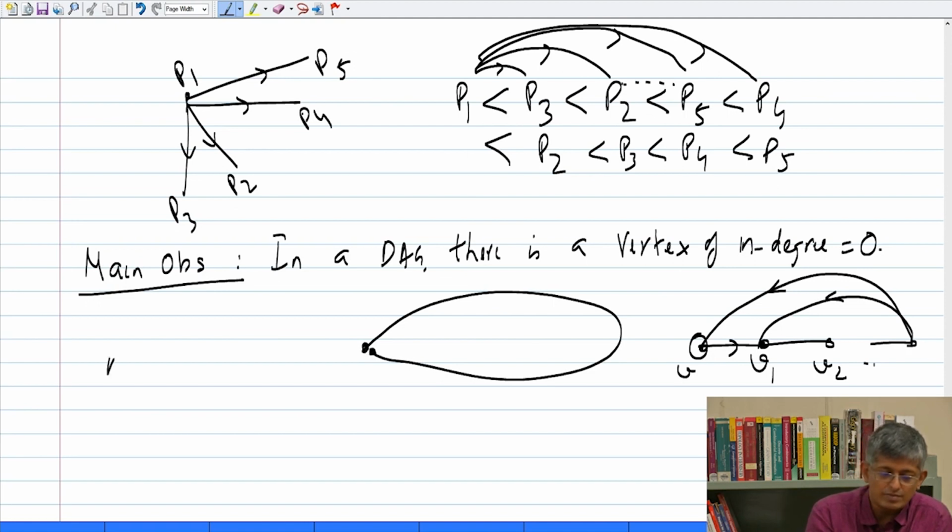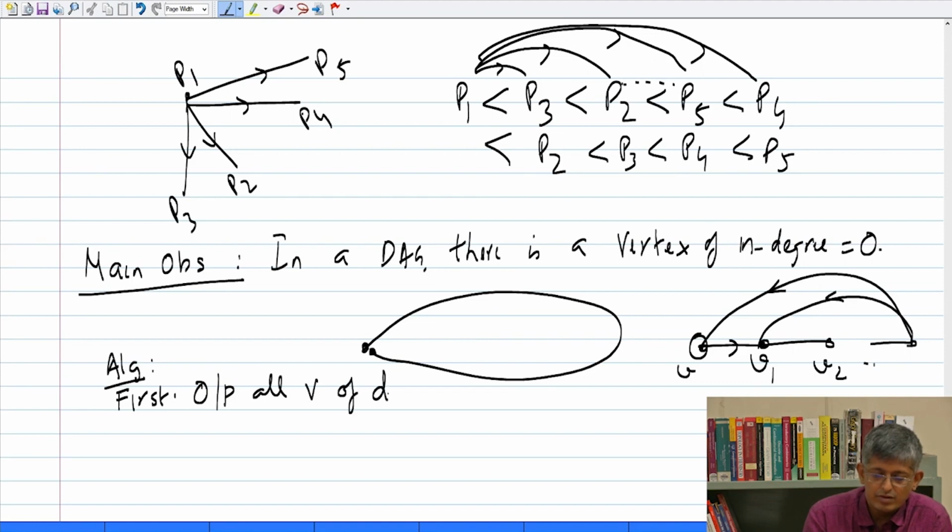So here is the algorithm. First, output all the vertices of in degree equal to 0 in whatever order you want, right?